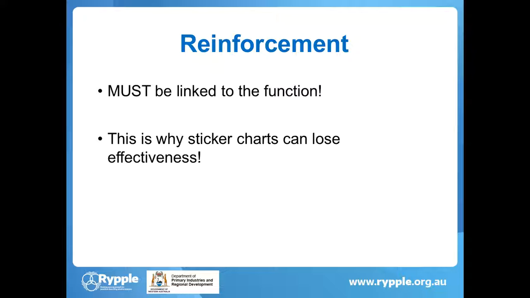If they want to get away from peer attention or avoid peer attention, we need to teach them a better way to get away from peer attention. If they want to get access to a preferred tangible, like a preferred activity like the iPad, and they're currently using punching behaviour to get that, then we need to teach them a better way to get that iPad.